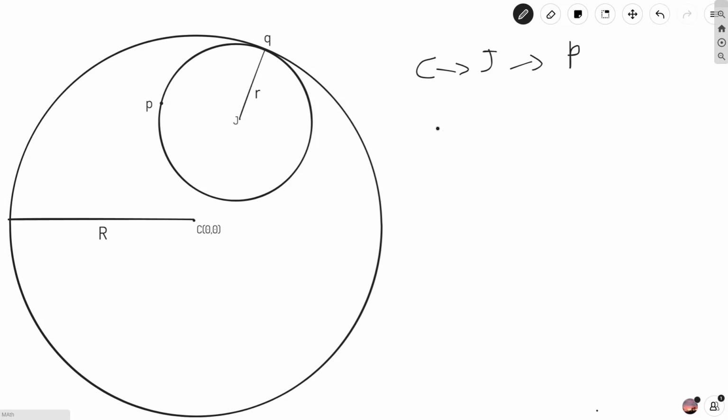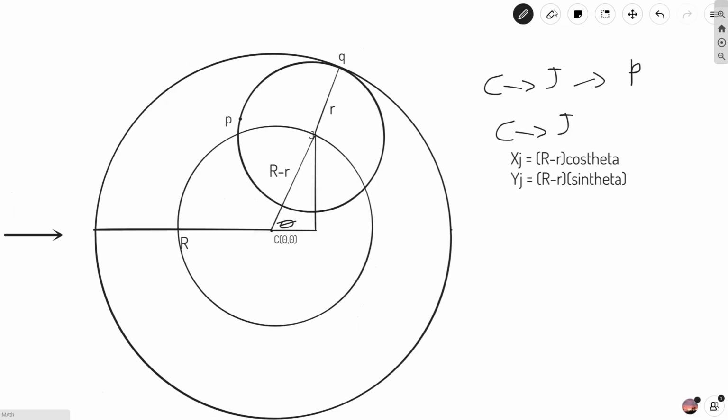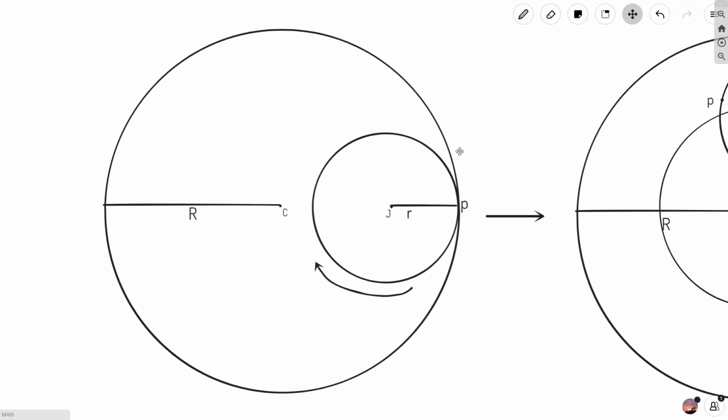First let's figure out the coordinates of J relative to C. Our first order of business is figuring out the coordinates of J relative to C. So we have C at 0, 0. First let's look at the motion of J. As a smaller circle rolls around the interior of the bigger circle, J actually moves in a counterclockwise direction like this.